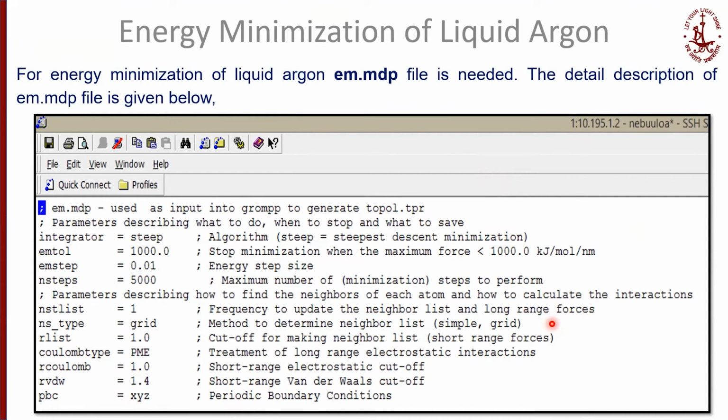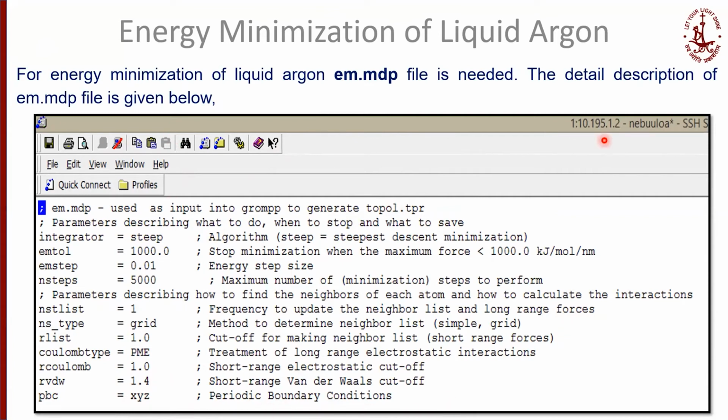You assume that your box is surrounded in all the 3 directions with equivalent boxes, mirror images of the same box. So the moment one molecule from the center box goes out, from the other box one more molecule is entering. So your number of molecules is maintained constant using the PBC condition. So along all the 3 axes, PBC is used.